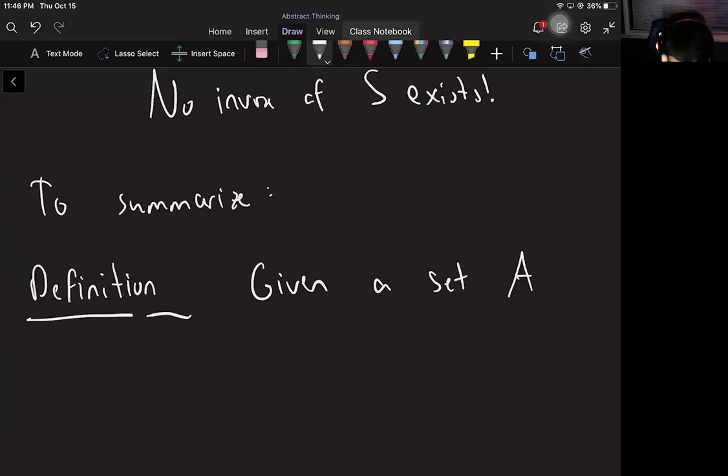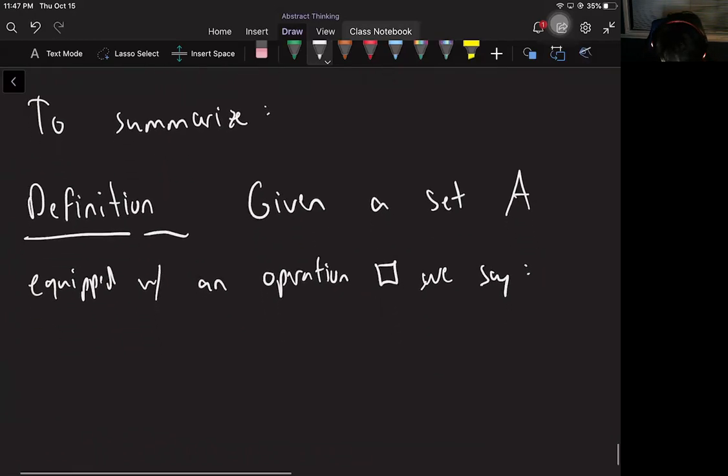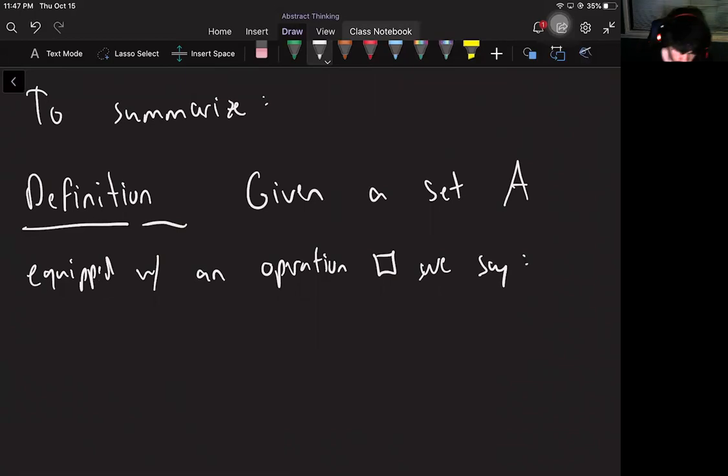So given a set A equipped with an operation, we say the following. The idea is that mathematicians very often study sets together with operations.